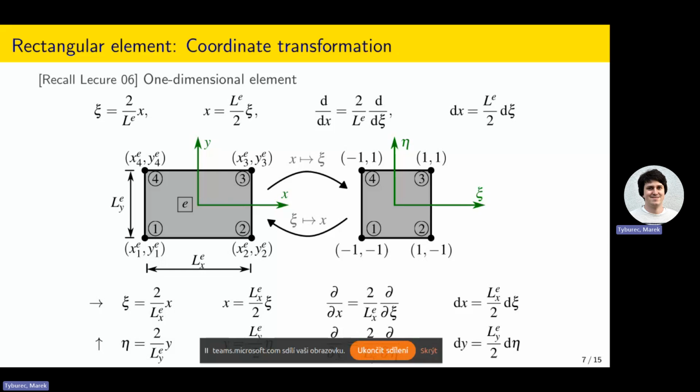In the other direction, we define a coordinate that will be eta. So now this is xi and this is eta. So we have to multiply by one half times (1 minus eta).